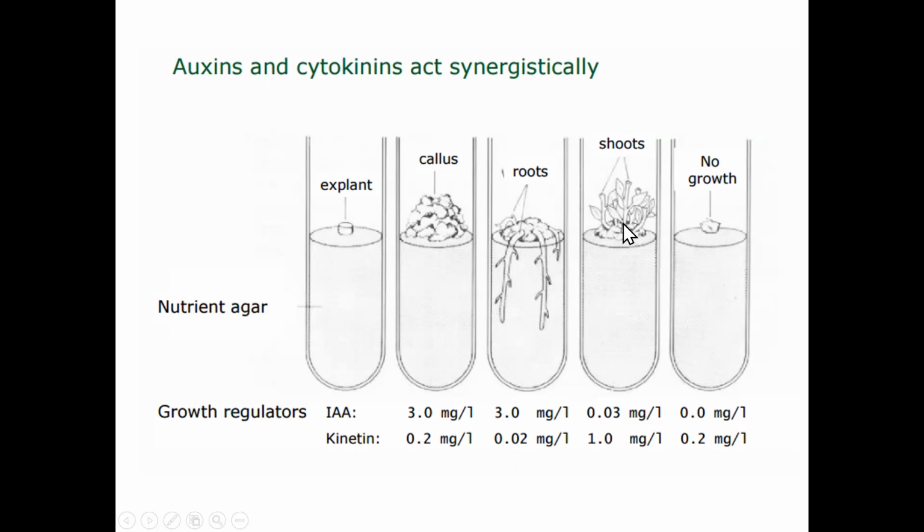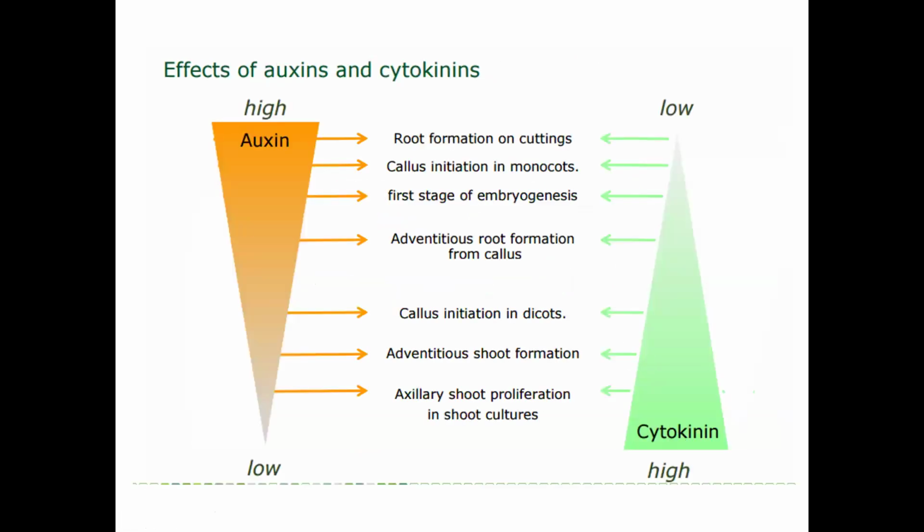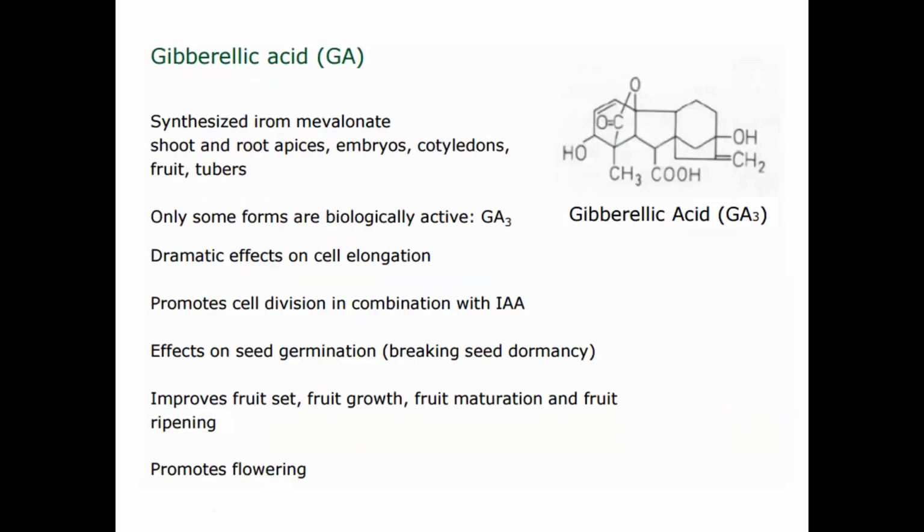But here, if you change, only shoot formation, and if the ratio is like that, no indole acetic acid, no growth. This is really fantastic how auxin and cytokinin act synergistically in the tissue culture condition. Really amazing. So the effect of cytokinin and auxin on senescence, different ratios are shown here. Similarly, auxin and cytokinin high, low, you need to make a balance to get your desired tissue culture plant.